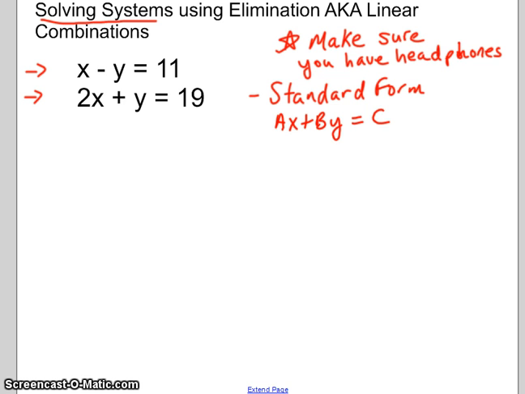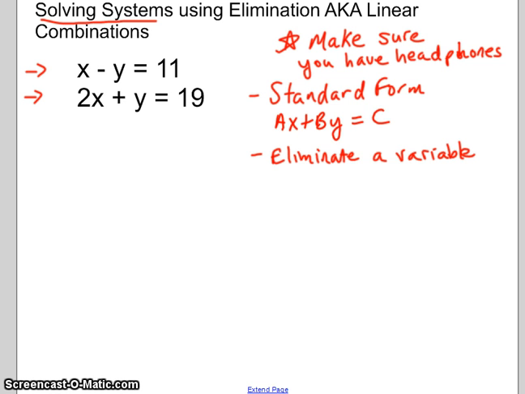And with the elimination method, our goal is to eliminate a variable. If we eliminate a variable, we're going to be able to solve for the other variable.